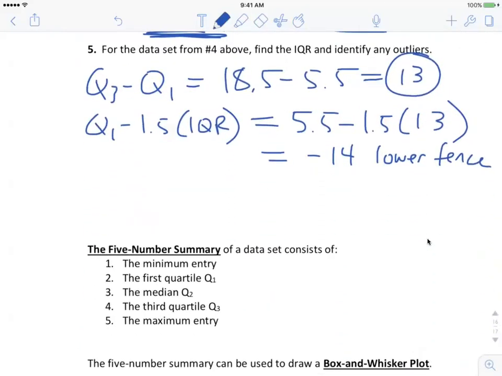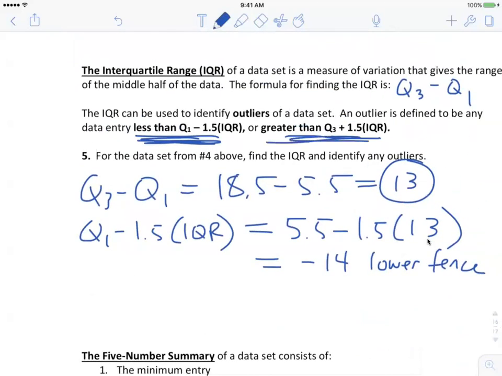All right, so we're going to do this formula here, greater than that. So I'm going to do Q3, which is 18.5, plus 1.5 times 13. Right? Q3 plus 1.5 times that IQR.